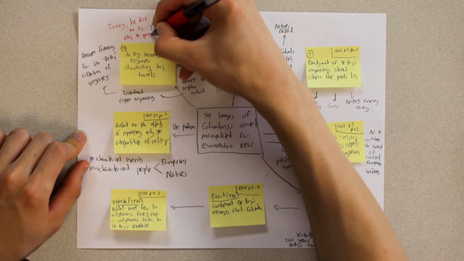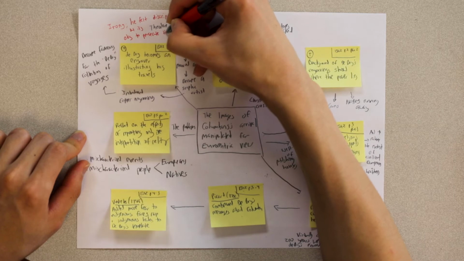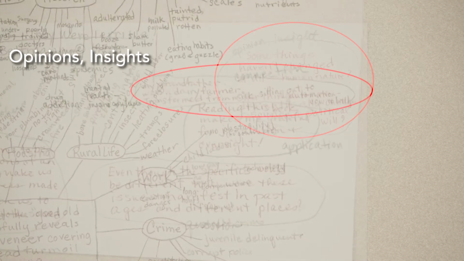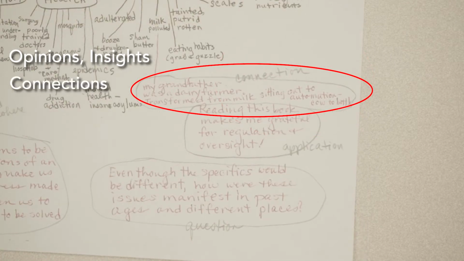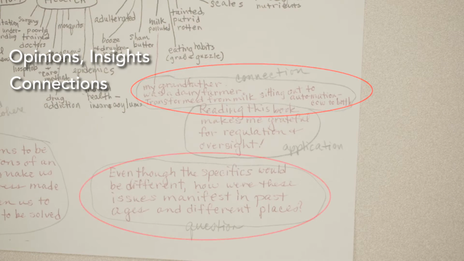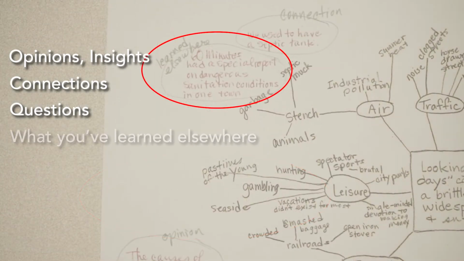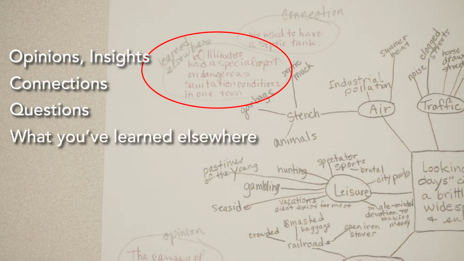Optional but valuable is to put yourself into the concept map. Add your opinions and insights. Make connections to your experiences and prior knowledge. Ask lingering questions. Add what you've learned earlier about the topic from research outside the text.